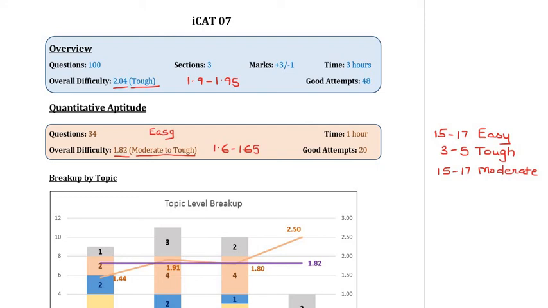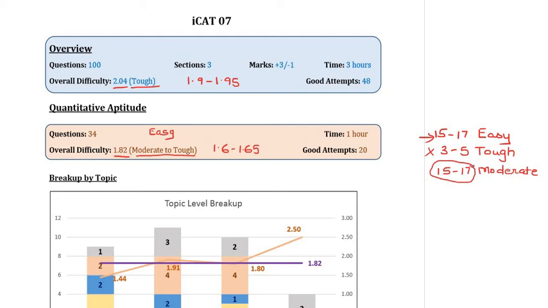Now, in CAT, most faculty will say that you need to have more than 20 or 22 attempts to try and have a good shot at clearing the sectional cutoff. If we look at this breakup, even if you do very well here, your overall attempts might be somewhere around 15. Assuming that you are unable to crack the tough questions, you are heavily dependent on this part of the mock to clear the cutoff.